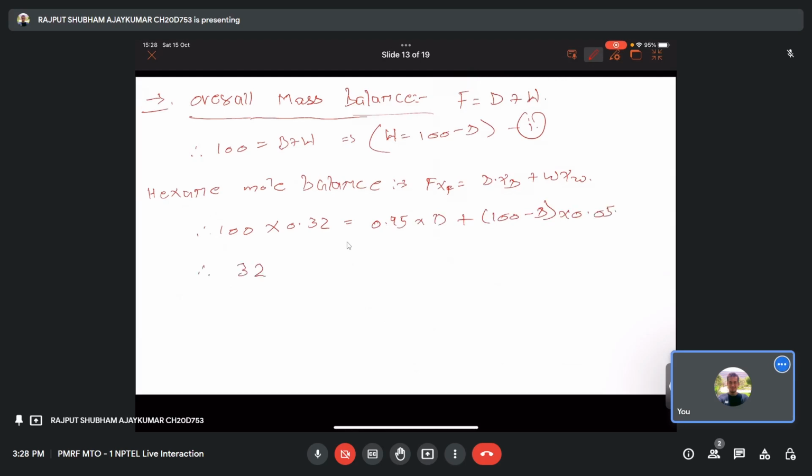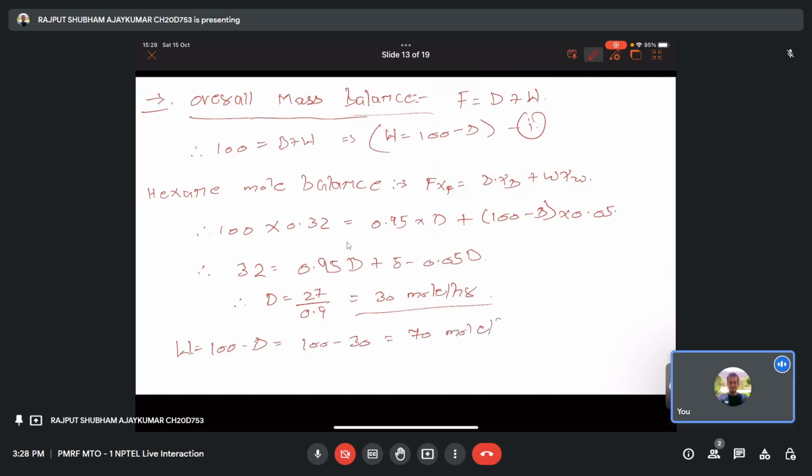This comes out to be 32 equal to 0.95D plus 5 minus 0.05D. Therefore, D equals 27.19, approximately 30 mole per hour, and W equals 100 minus D, equal to 100 minus 30, equal to 70 mole per hour.